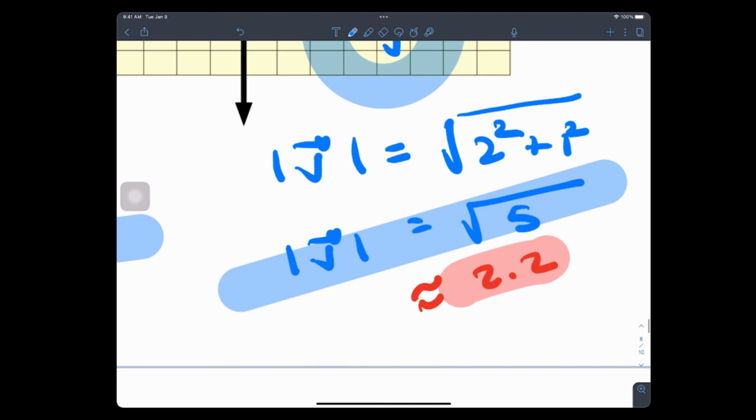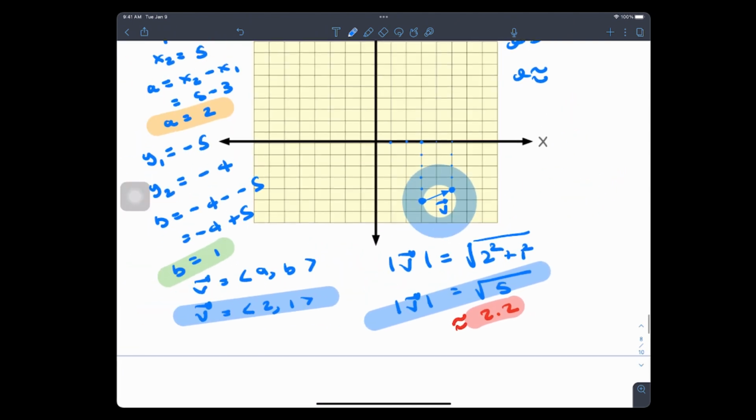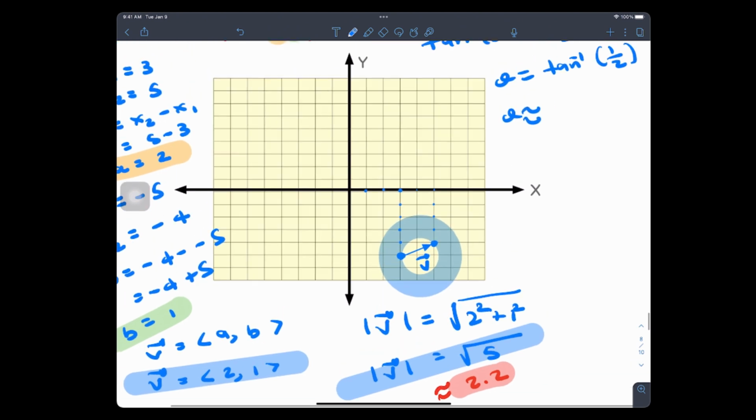Theta is the direction. Okay. So inverse tangent of 1/2, is that right?